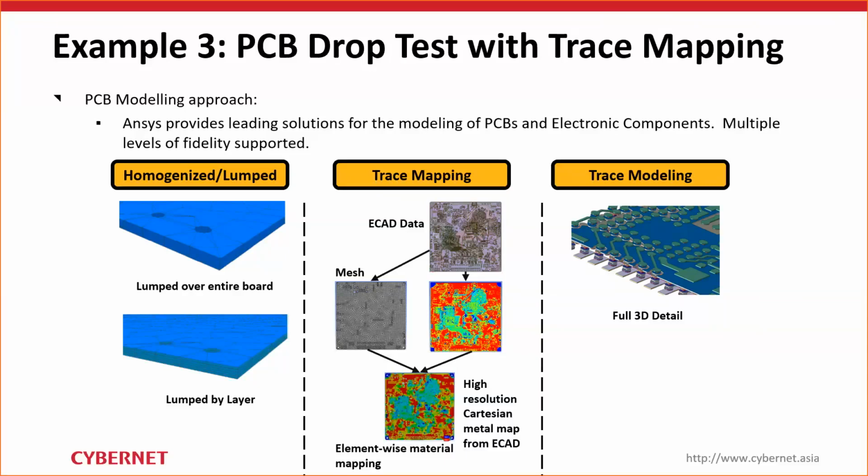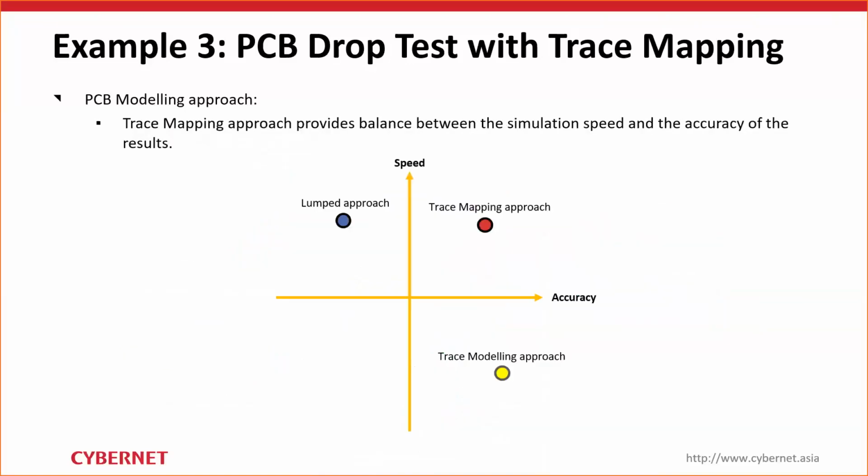So yeah, effectively, it will mimic the structural behavior of the trace material inside this PCB without having to model the actual traces. Yeah, so ultimately this approach gives you the high level of accuracy or fidelity of the trace modeling, but without having to suffer the extremely long solving time.